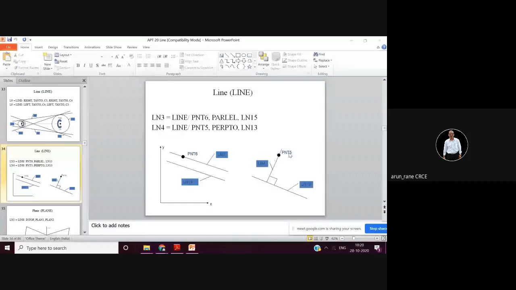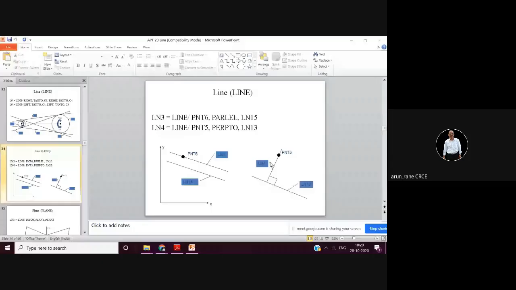So now this line is constrained. You have to always define the entities, meaning points, lines, circles, in such a way that it is constrained. If you simply say that line 4 is perpendicular to line 13, then you will not get the desired line, because there can be an infinite number of lines.